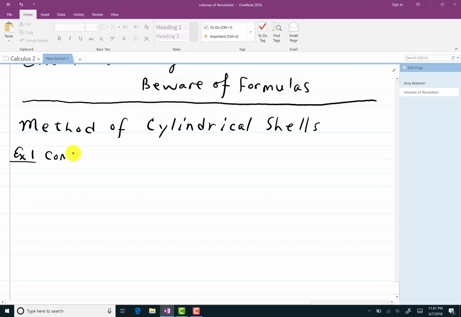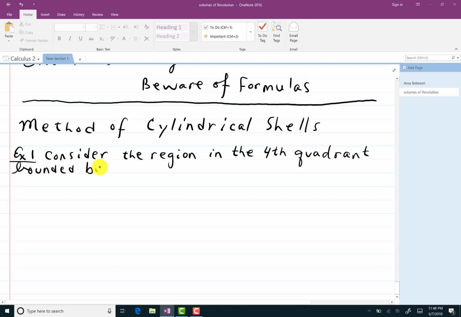Consider the region in the fourth quadrant bounded by the graph of y equals x cubed minus x and the x-axis.